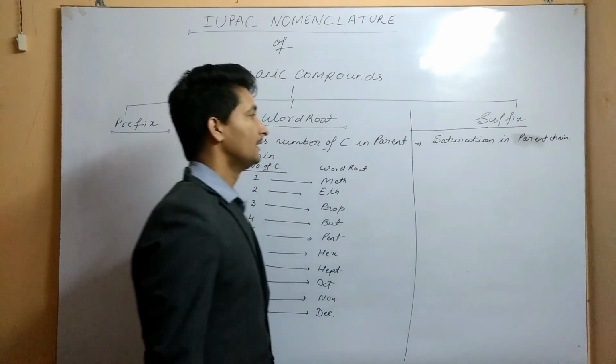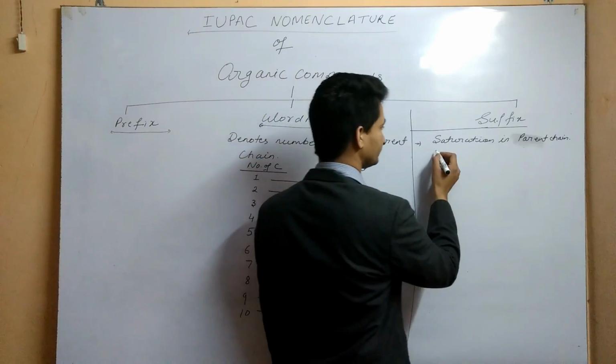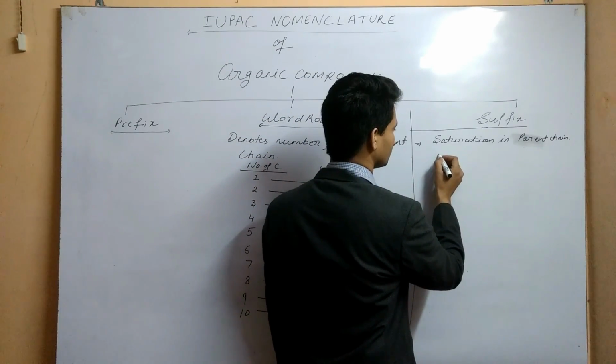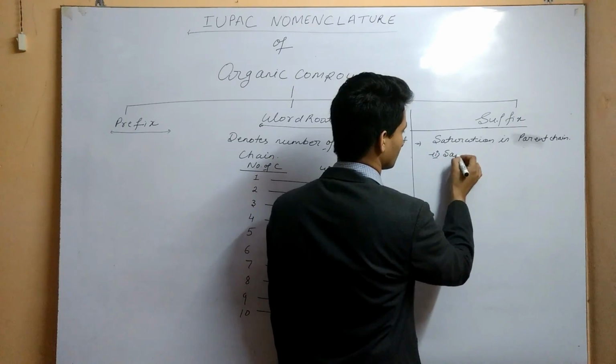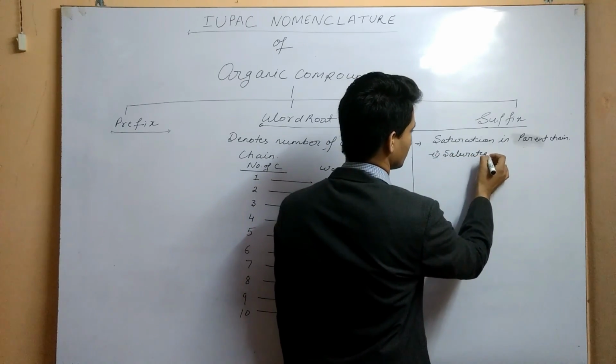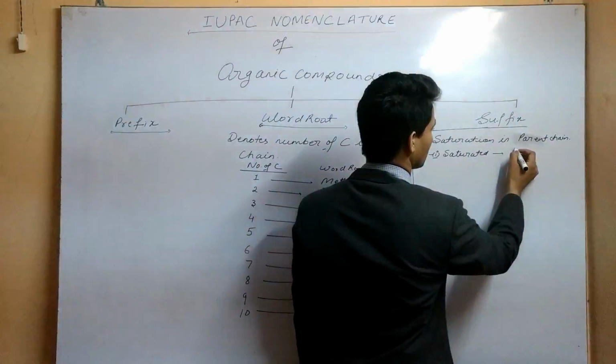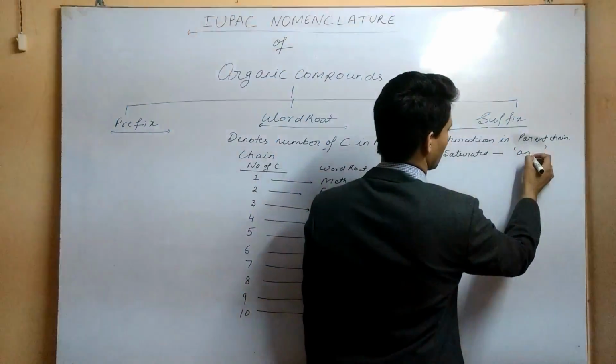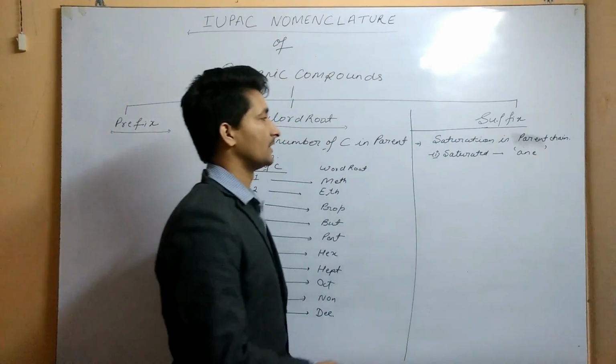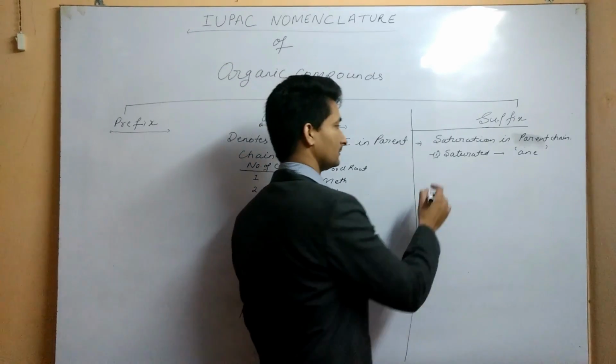Okay. So if the parent chain is saturated, that means it contains each and every carbon as single bond, then we add the suffix "ane".